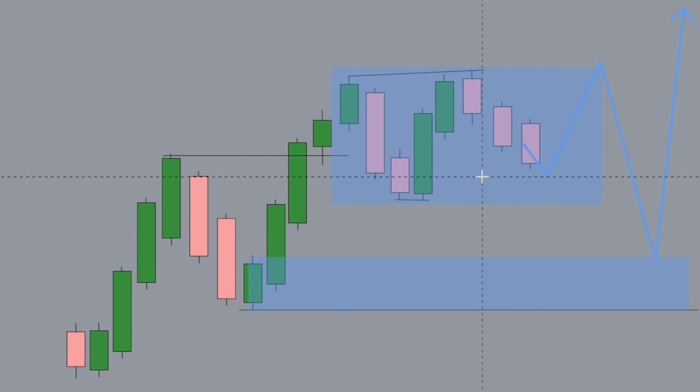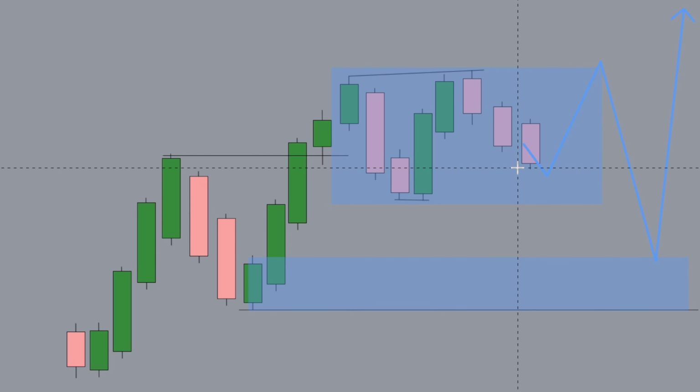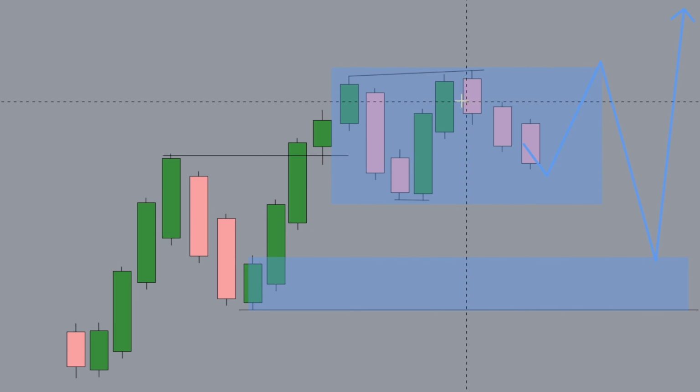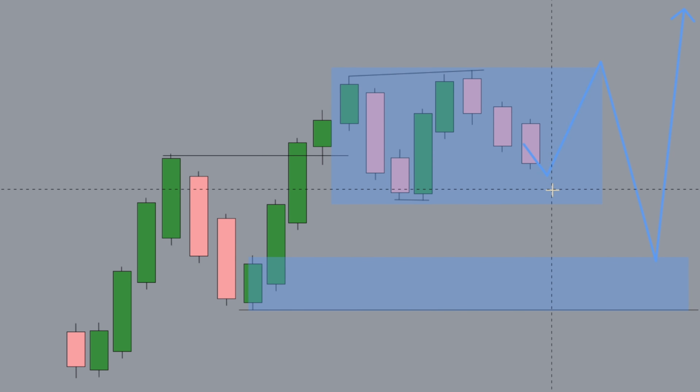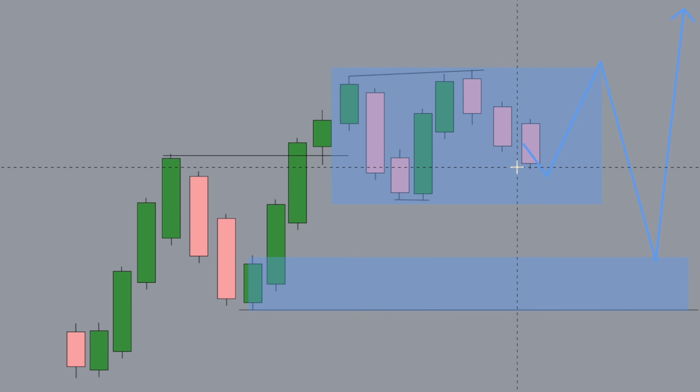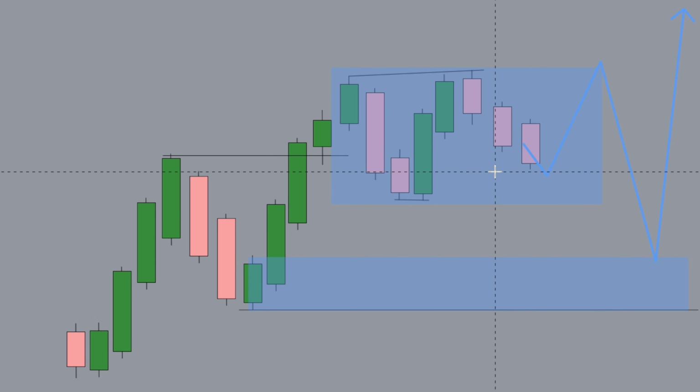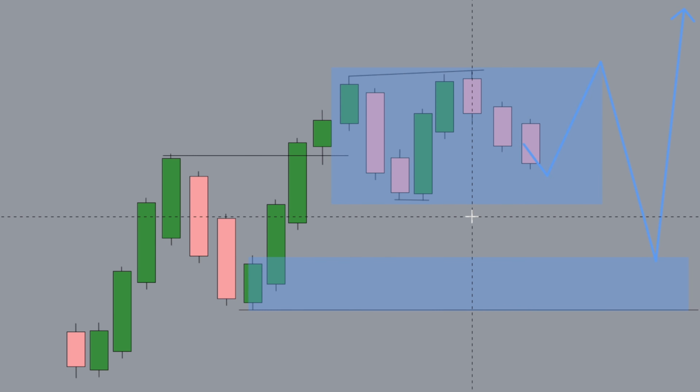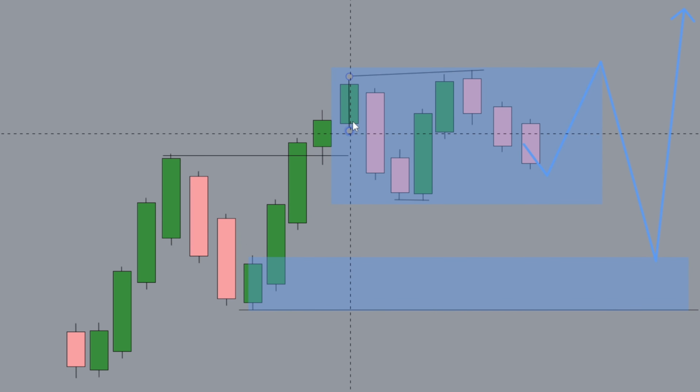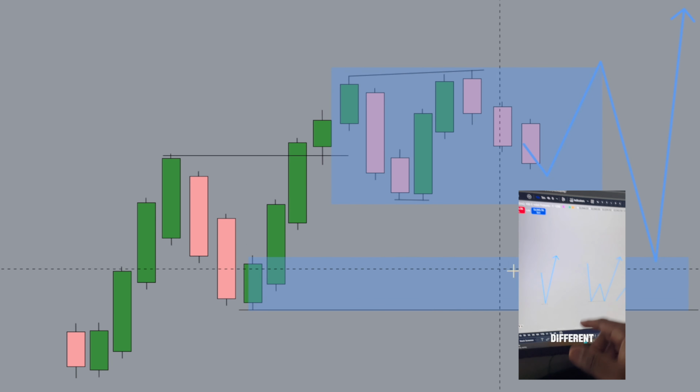So I'm hoping for a reaction similar to this. It doesn't necessarily have to be in this order, but I'd rather it sweeps to the upside first, so it's creating less resistance for our buy setup.